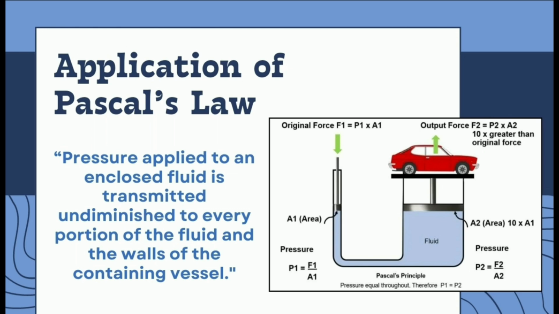In simple explanation, the hydraulic system uses Pascal's principle to amplify the input force. A smaller force applied to a smaller area creates pressure that is transmitted equally throughout the confined fluid. This pressure acts on a larger area, resulting in a proportionally larger output force capable of lifting the car. The output force is 10 times the input force.